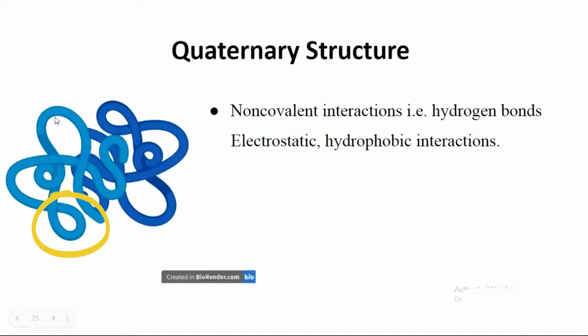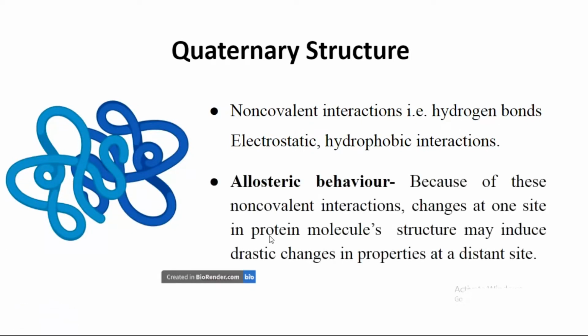If a damage happens, or if a new molecule gets attached at the top, then you will see an instant change at a very distant site as well. This kind of behavior is known as allosteric behavior, and it is because of the non-covalent interactions present in the quaternary structure of the protein.